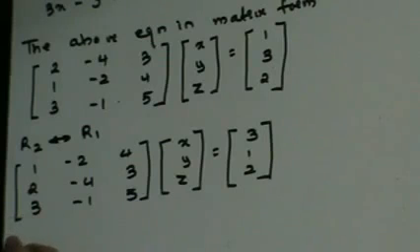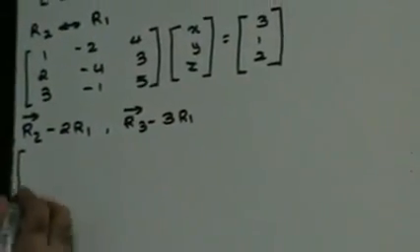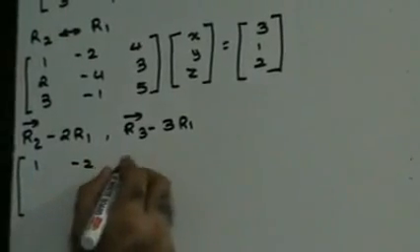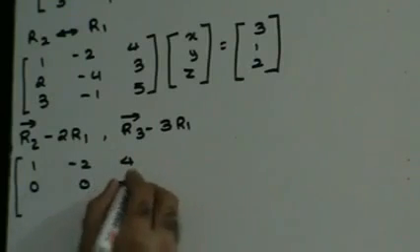Where is the number in R2? The number is 2. The complement of that is R2 minus 2 R1. Similarly, R3 minus 3 R1. So you will get 1, minus 2, 4; 2 minus 2, 0; minus 4 plus 4, 0; 3 minus 8, minus 5.